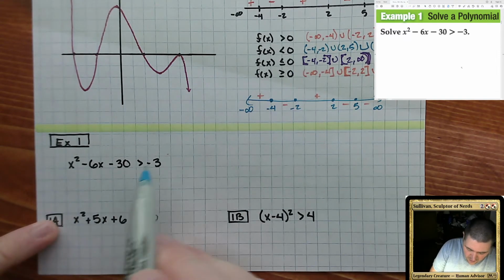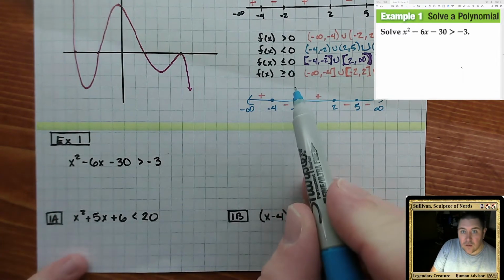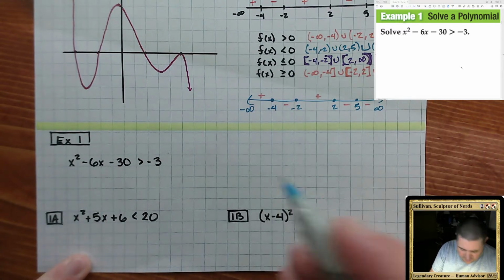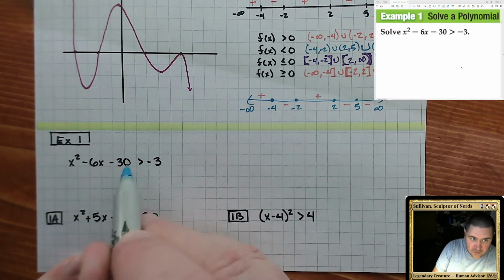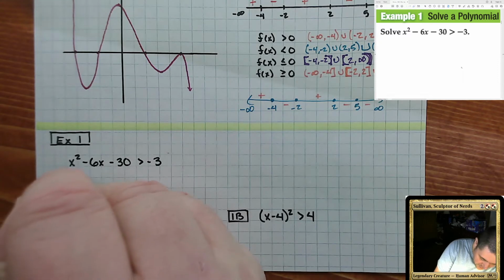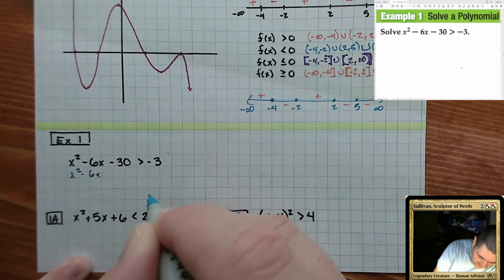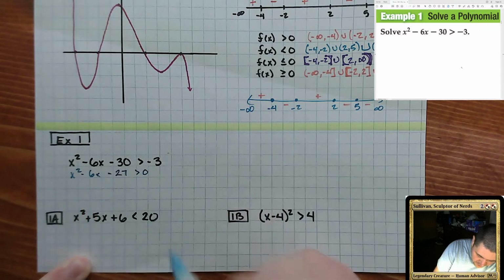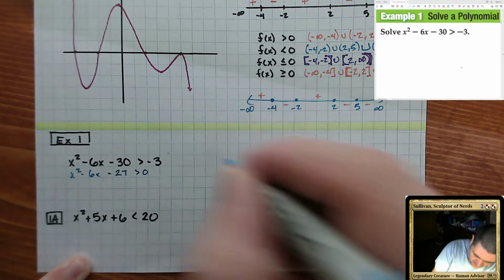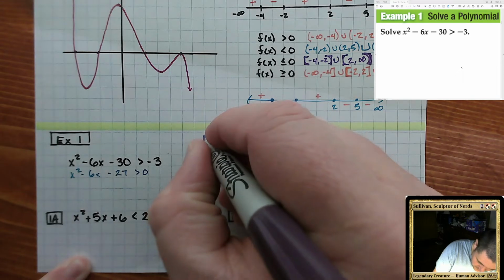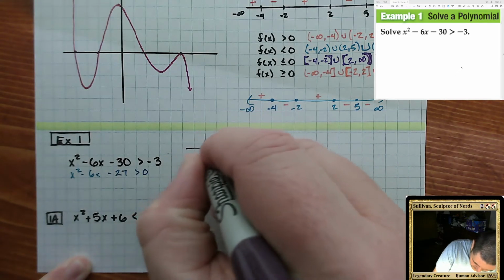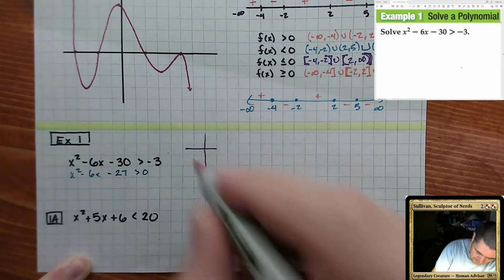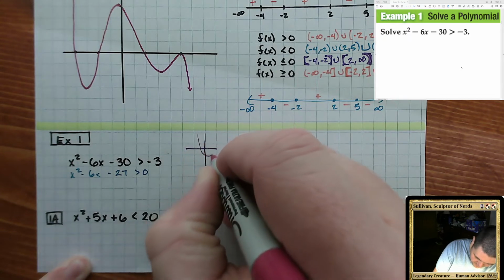See, all of these were something unequal to 0. So first thing I should do is move him over. Got x squared minus 6x minus 27 greater than 0. See, what that does is it takes my parabola like this.